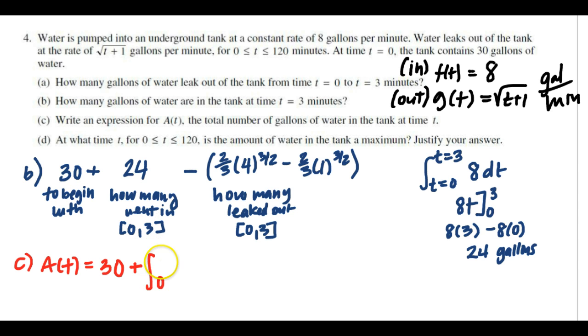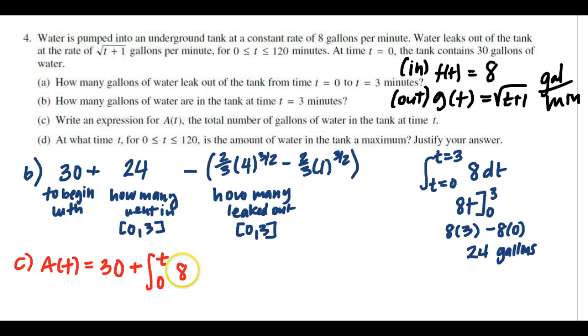So my integral is going to go from 0 to t of the function 8. So over here, doing this work actually would help us set up part C a little bit easier. So originally I went from time 0 to time 3 of the function 8. So now I want to go from time 0 to some generic time t of the function 8.